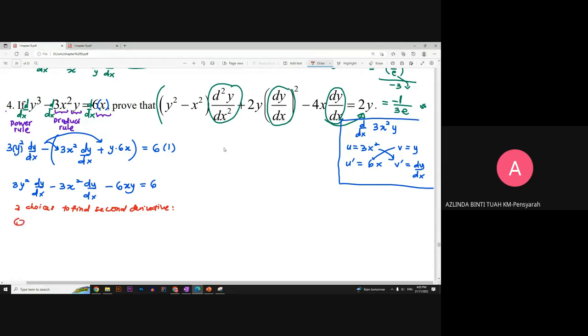Yang pertama, you rearrange the equation dy in terms of x and y. So dy dx sebelah kiri dan other terms x dengan y di sebelah kanan, then you are going to use the quotient rule.